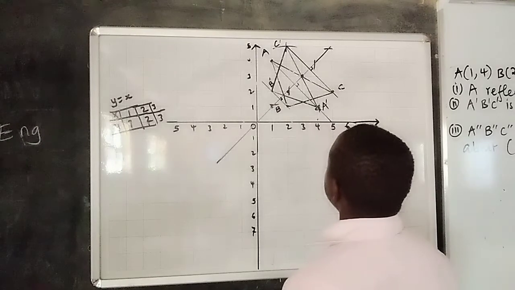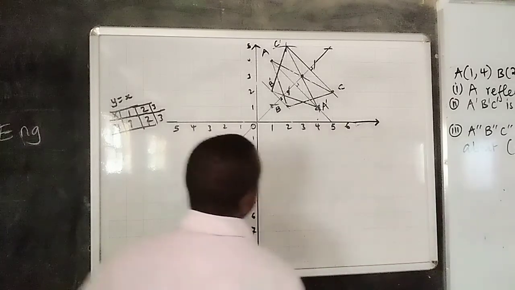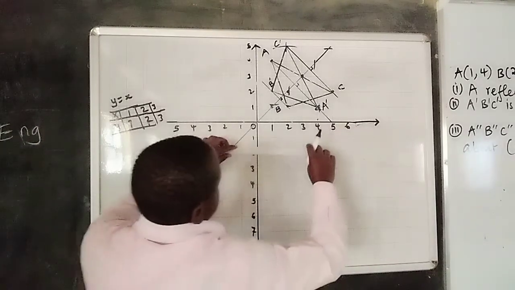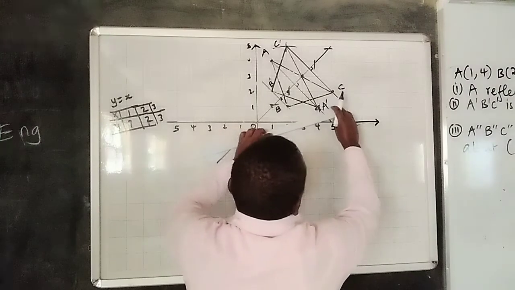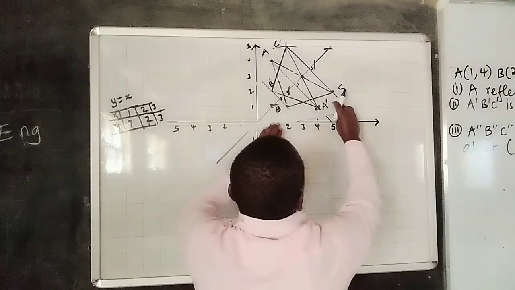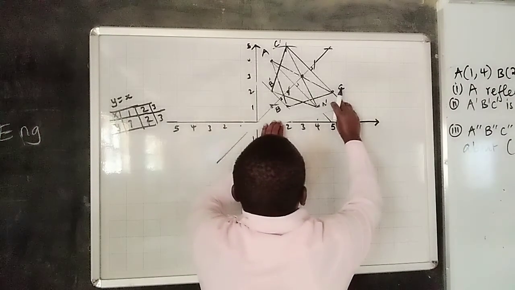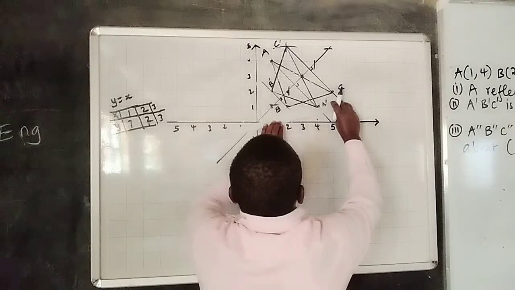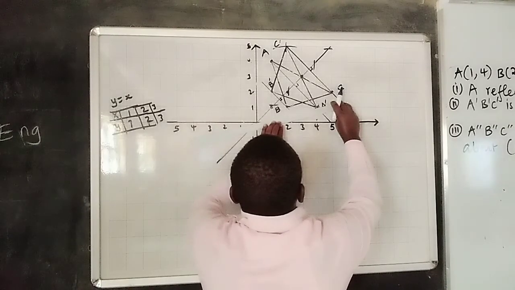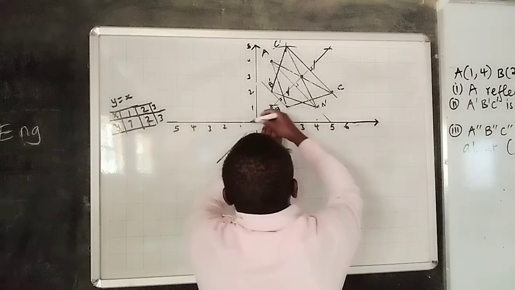Therefore, we shall be bringing a coordinate. If it's C prime, then we rotate in the anti-clockwise direction because it is a positive quarter turn. So 90 degrees anti-clockwise.